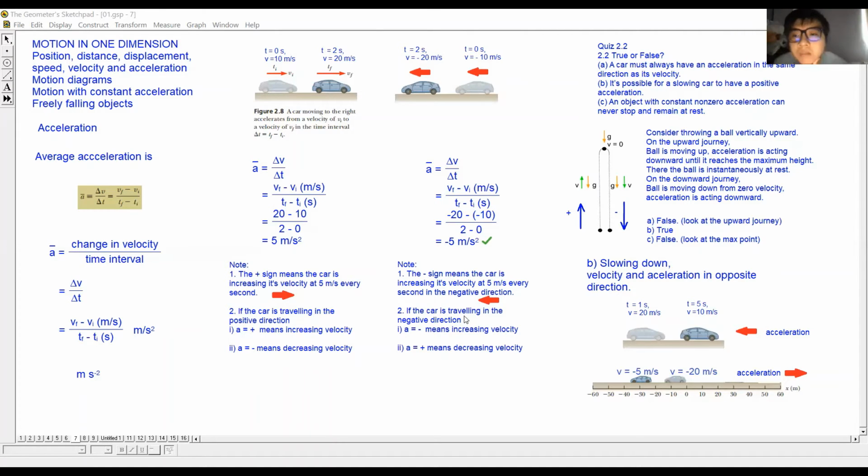If the car is traveling in the negative direction, the negative acceleration means actually the speed, I don't mean the velocity, the speed is increasing. If the acceleration is positive, it means that the speed is decreasing. So it depends on which direction you are traveling. If you are traveling in a positive direction, positive means you are increasing the velocity. If you are traveling in the negative direction, negative means increasing the velocity.